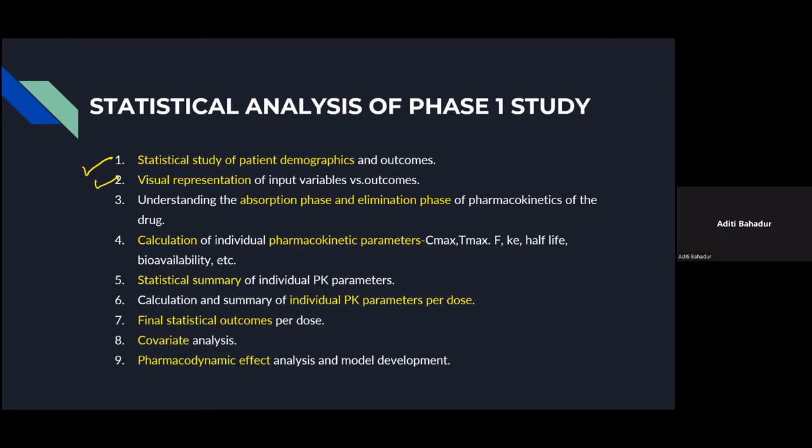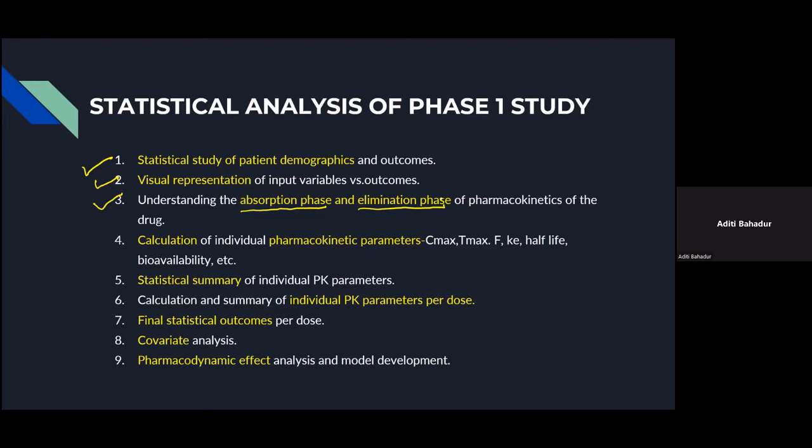Here we also understand the absorption phase and elimination phase of the pharmacokinetics, like at what time and at what concentration the drug is absorbed, and also at what time and concentration it is eliminated.